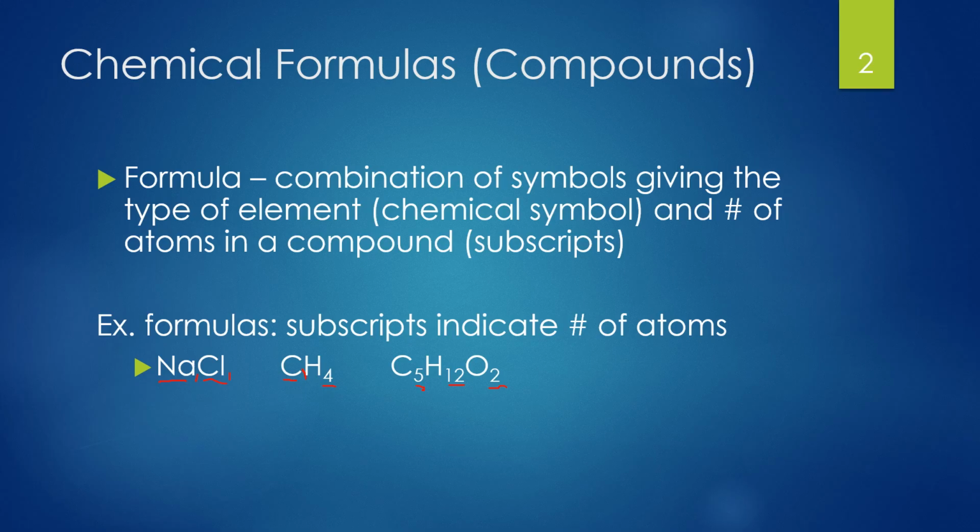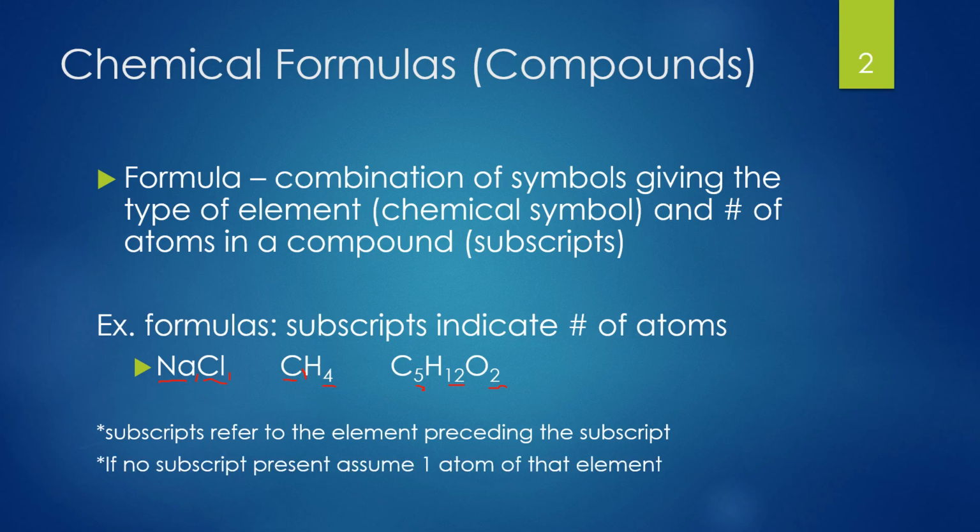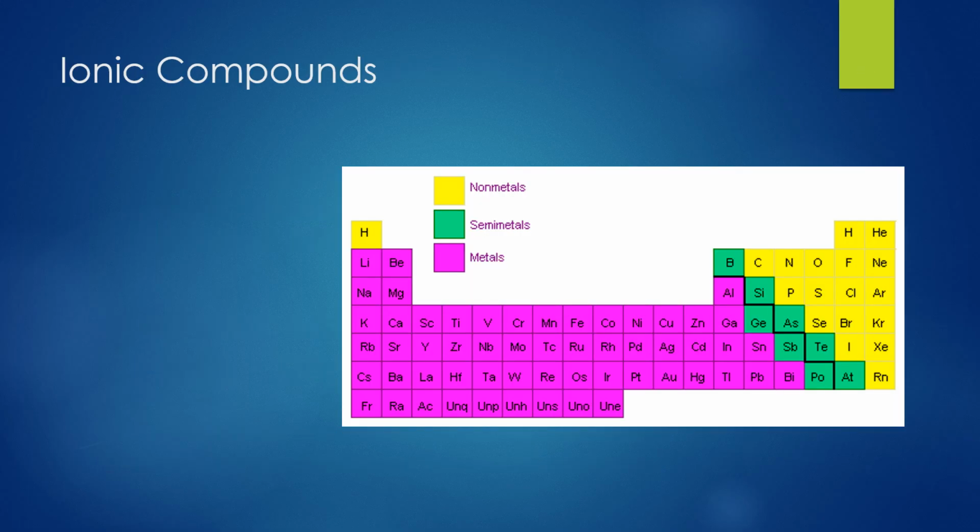The subscript that comes after the chemical symbol indicates how many atoms of that particular element are present in the compound. So subscripts refer to the element preceding the subscript. And as we said before, if no subscripts are present, assume one atom of that element.